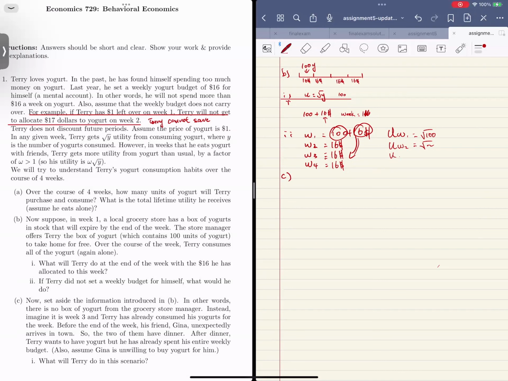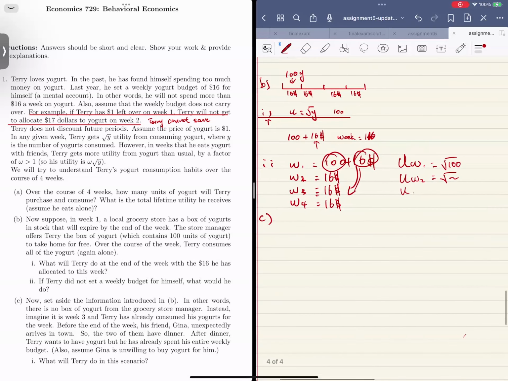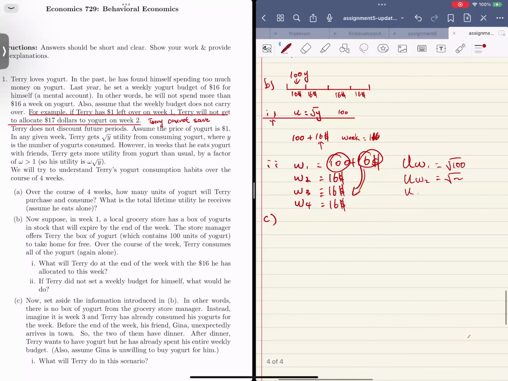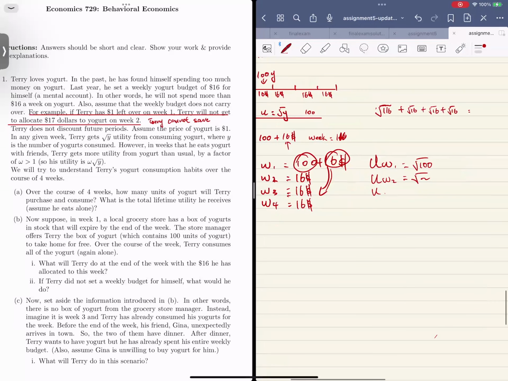This is suboptimal consumption, right? One of the examples of suboptimal consumption. You can compare them, right? If we compare the consumption in a month, for 2I it would be the square root of 116 plus the square root of 16 plus the square root of 16 plus the square root of 16, the utility of the month.